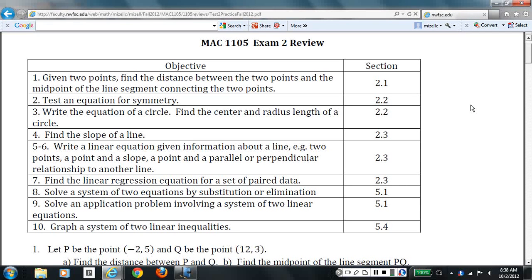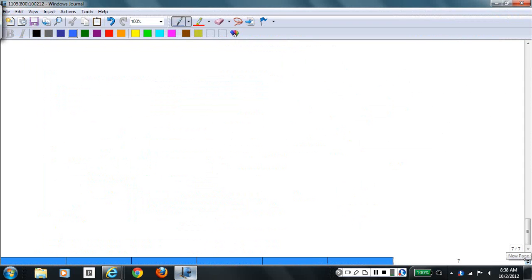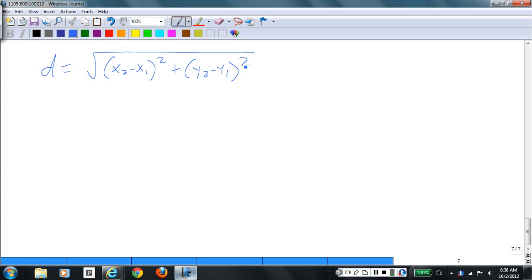Back in section 2.1, basically, we looked at the distance formula and the midpoint formula. So if I want to begin building a formula list, just a few basic ones for this test: D equals the square root of (x sub 2 minus x sub 1) quantity squared plus (y sub 2 minus y sub 1) quantity squared. The distance formula.